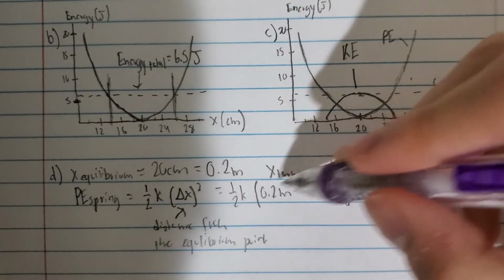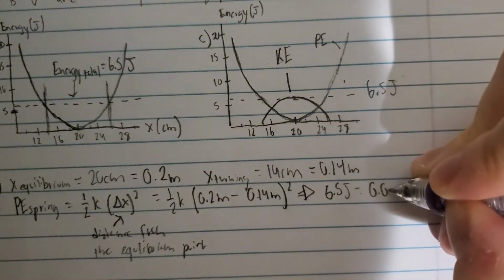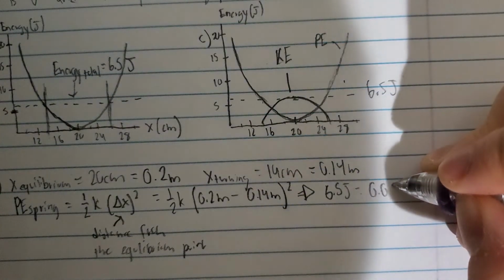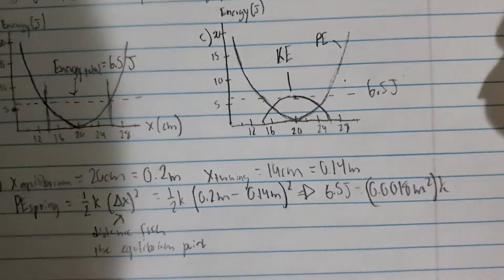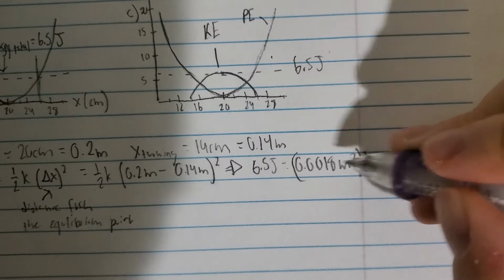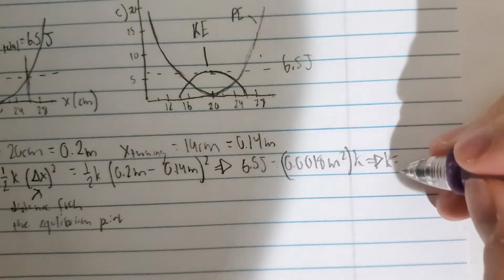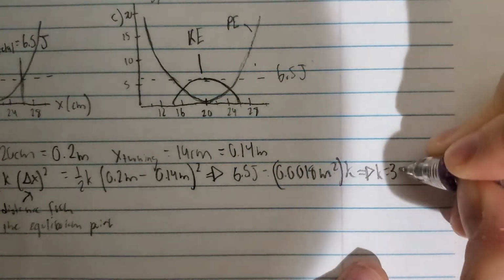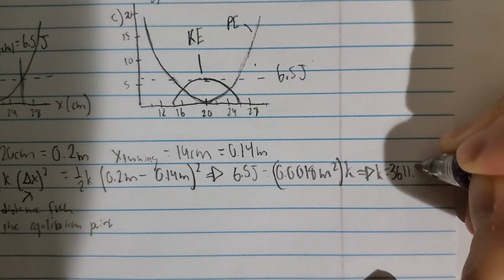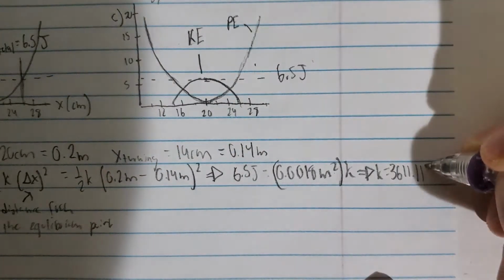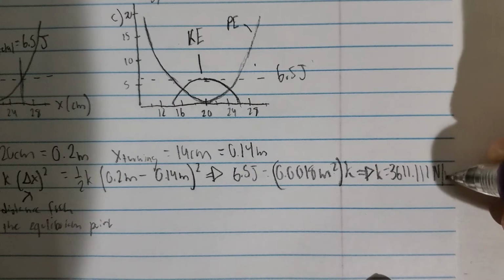And this whole term right here reduces down to 0.0018 meters squared times K. To solve for K, I divide this to this side, and so K ends up being 3,611.111, and then my units are newtons per meter.